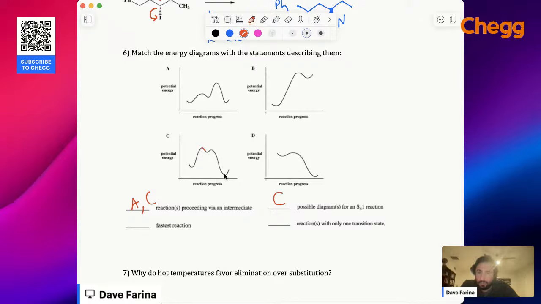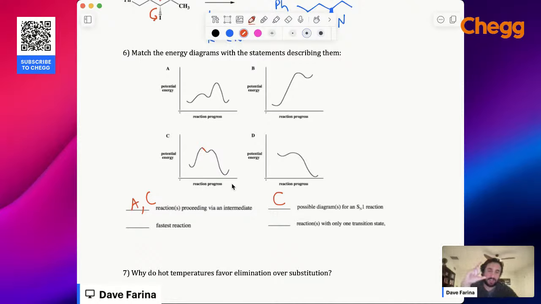Okay, which of these would be the fastest reaction? When we're talking about kinetics, we're looking at activation energy. Thermodynamics has to do with delta H or delta G. That would be the distance from reactants to products on the energy diagram. If we're talking about rate, we're talking about kinetics, we're talking about the activation energy, because the activation energy is the energy with which the collision must occur in order for the reaction to proceed.